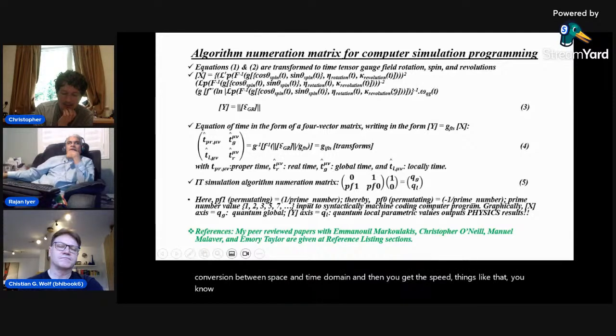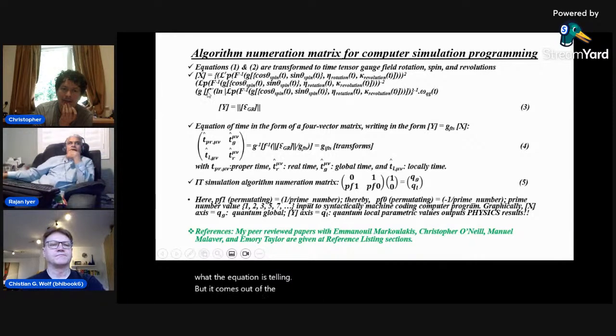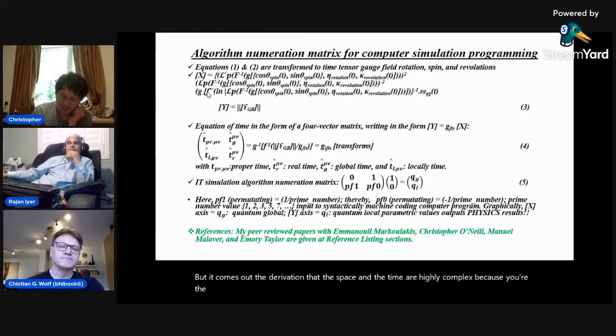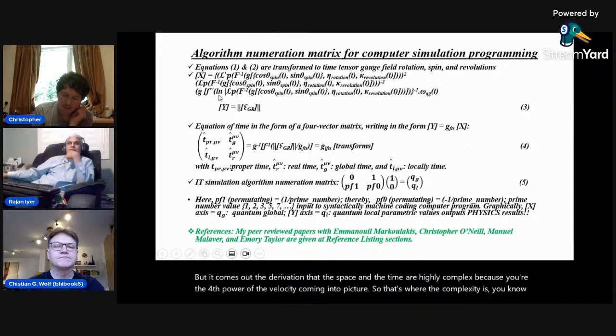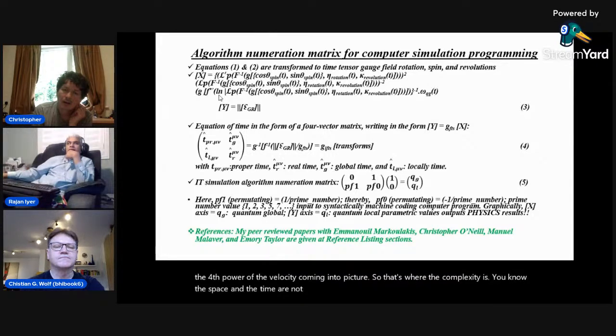But the derivation finally, I mean, it's good to find out what the equation is telling. It comes out of the derivation that space and time are highly complex because the fourth power of the velocity comes into the picture. That's where the complexity is. Space and time are not directly related.